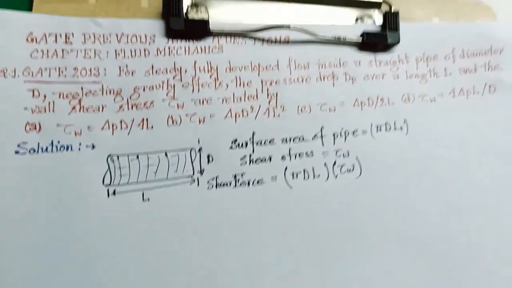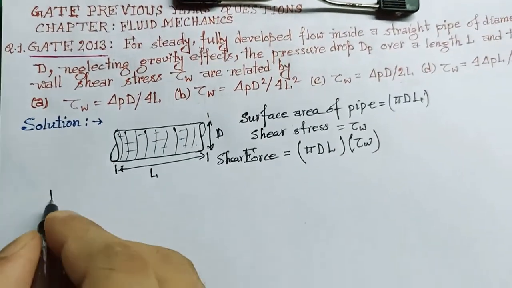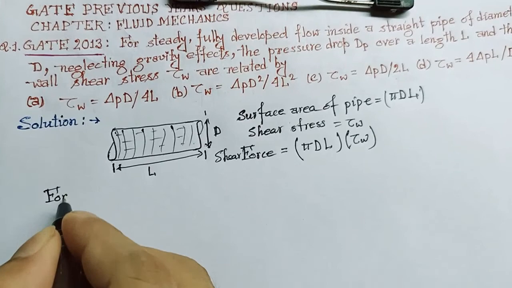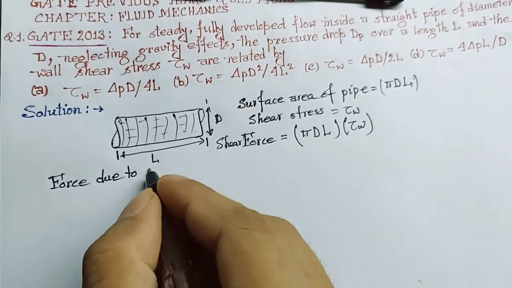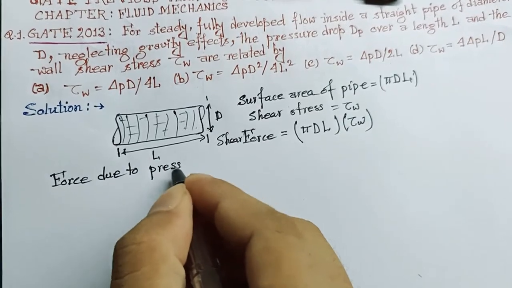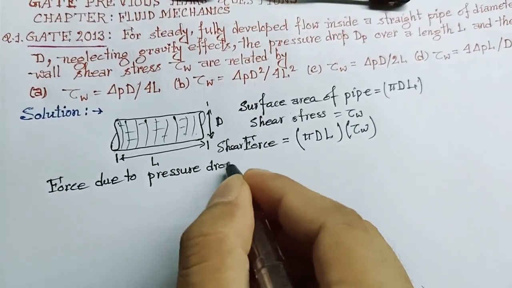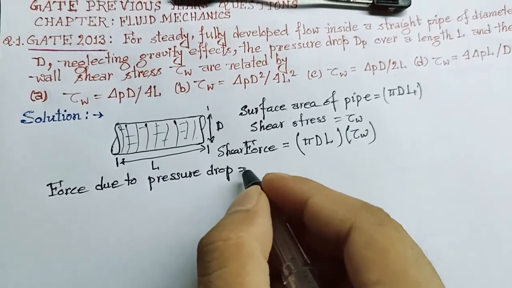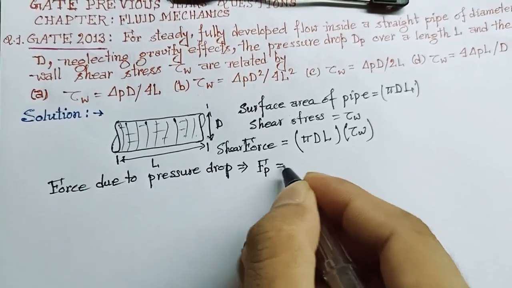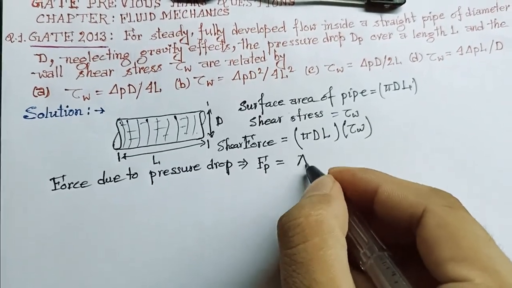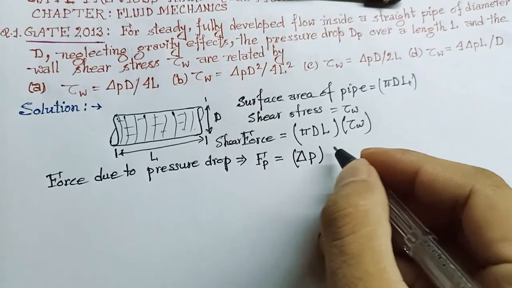and the force due to pressure drop, Fp, will be equal to pressure drop multiplied by area.